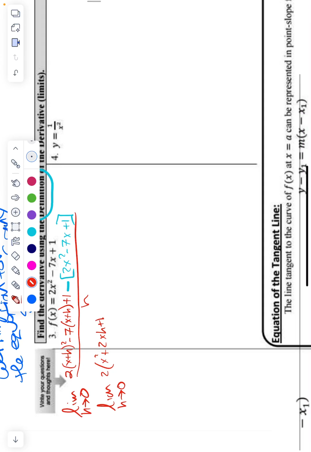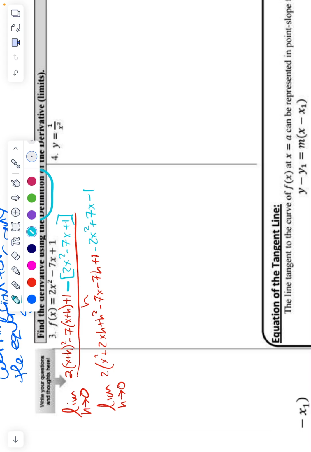Okay, and then plus h squared minus 7x minus 7h plus 1 minus 2x squared plus 7x minus 1. So all we did was just a bunch of algebra, simplifying, expanding, that kind of thing. Okay, do you see why he wanted to leave off the h?